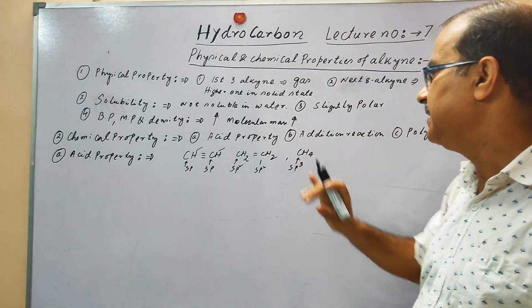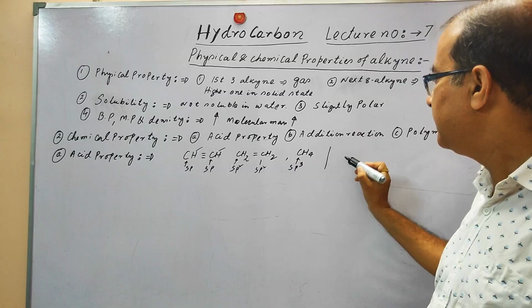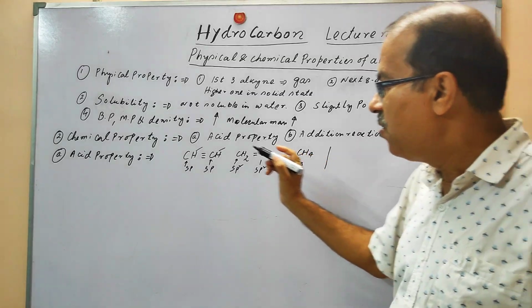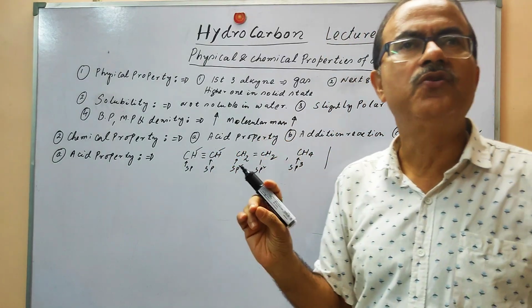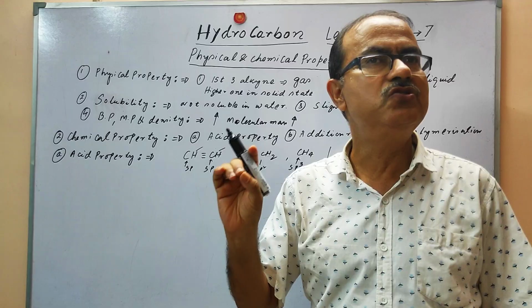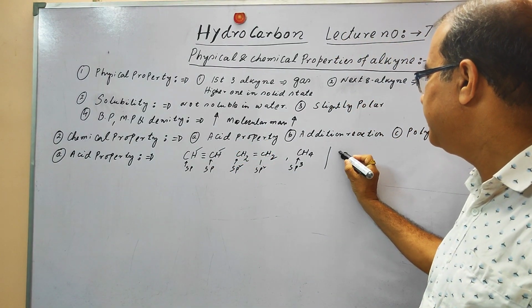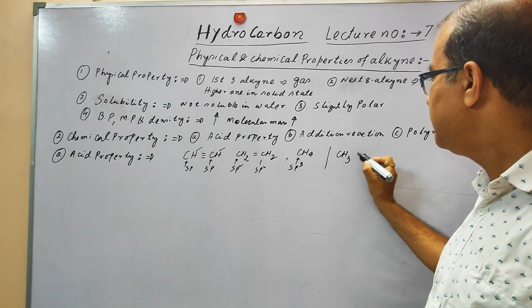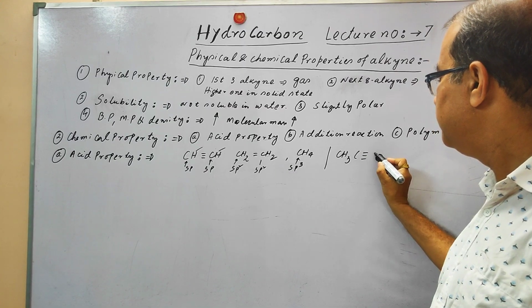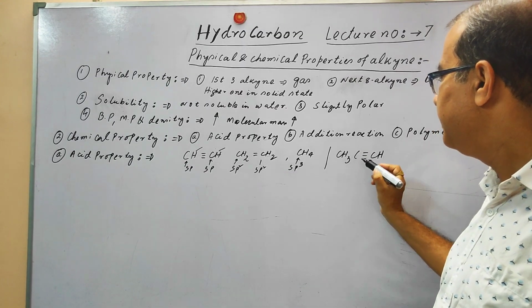alkene or alkane. And another thing that you can see, not all the hydrogen atoms in the alkyne are acidic. That you can easily understand from here. Here this is propyne.